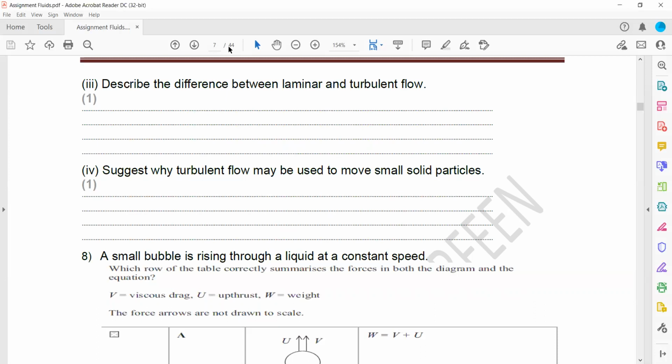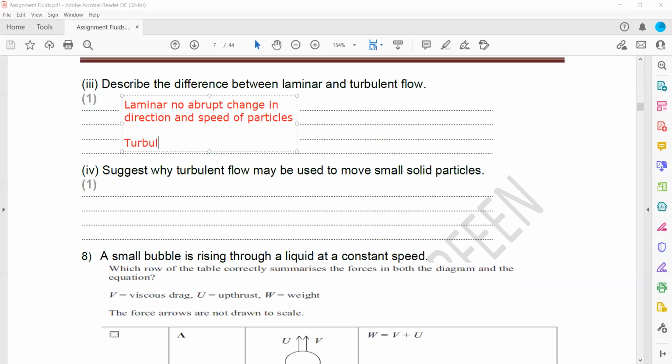So in the answer for laminar, we mention no abrupt change in direction and speed of the particles, whereas in turbulent, there is an abrupt change in direction and speed of the particles.